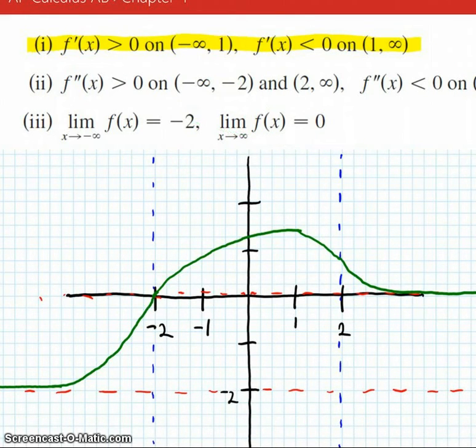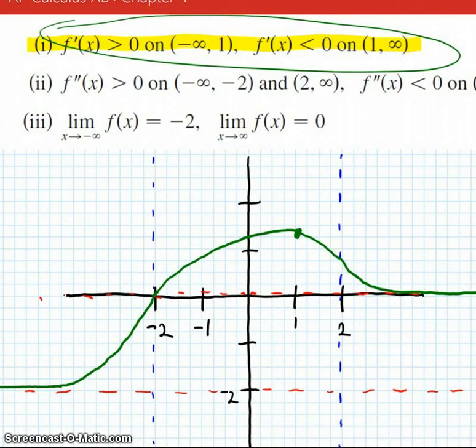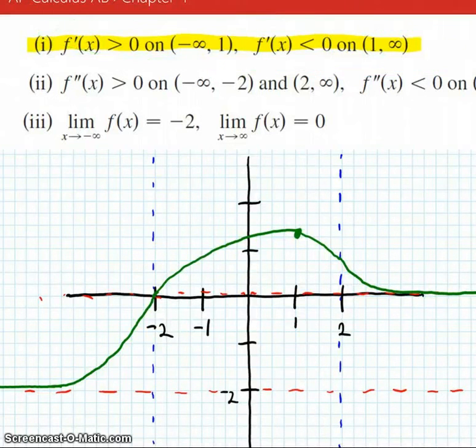So there's a rough sketch of what this graph could look like, and we can see that we had a maximum at 1, because that's where the derivative of the function switched from positive to negative, so it would be equal to 0, and there's a max there.